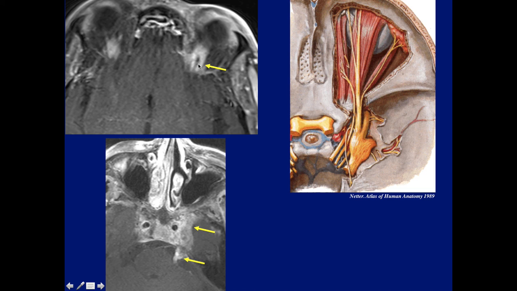But notice, on the axial view, we can see enhancement further back. And look at what has happened further back at the level of the cavernous sinus: enhancement, expansion of the cavernous sinus, and prepontine tumor. Again, this forehead lesion, perineural spread along the supraorbital nerve, frontal nerve, all the way back into Meckel's cave, cavernous sinus, and the prepontine cistern.